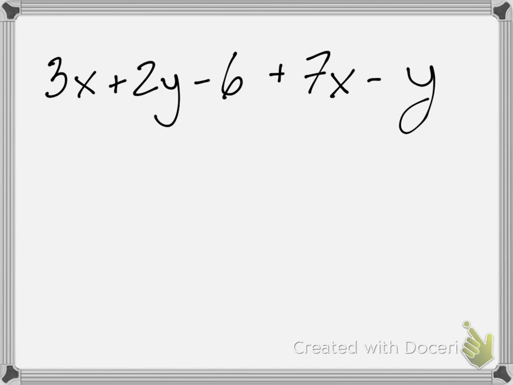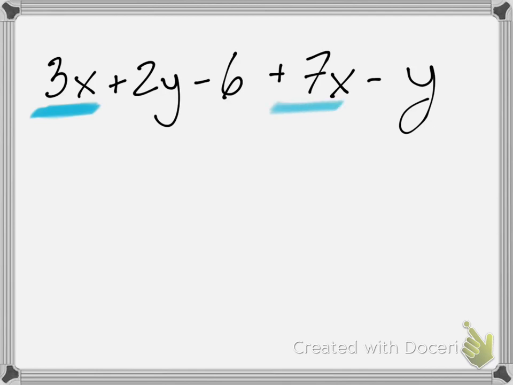I'm going to ask you individually, let's go through. 3x. What is the like term for 3x? Make sure you include the operation. What is the like term for that 3x?